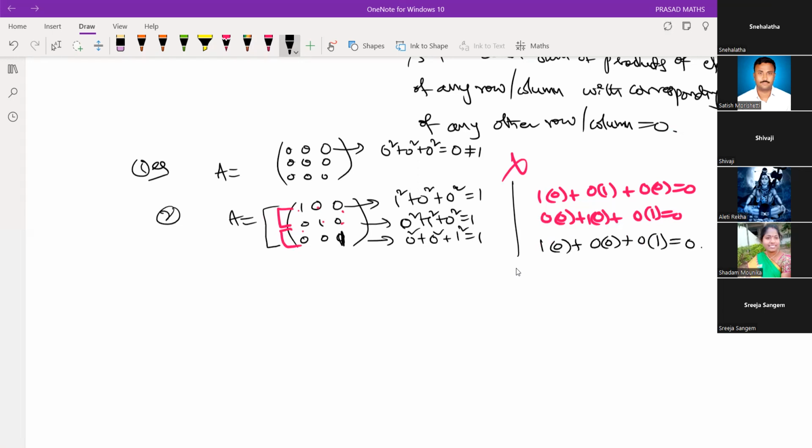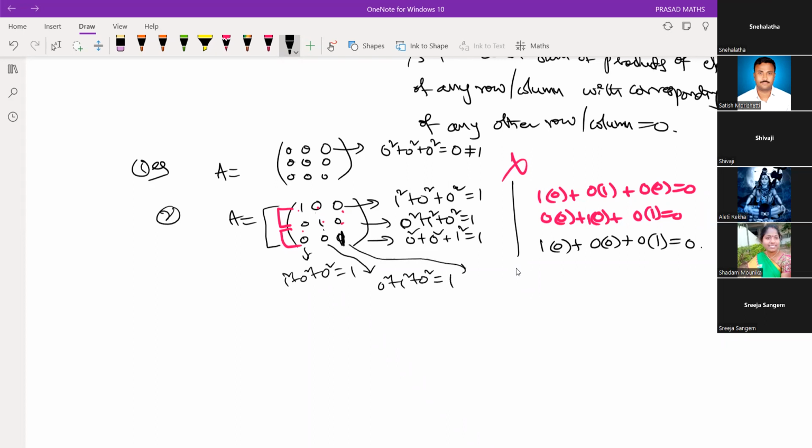And the sum of the squares of each row or column, of course, once you calculate along the column, you get the same answer. 1 square plus 0 square plus 0 square is 1. 0 square plus 1 square plus 0 square is equal to 1.